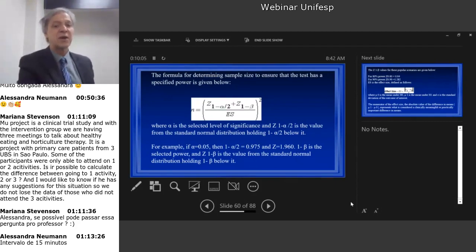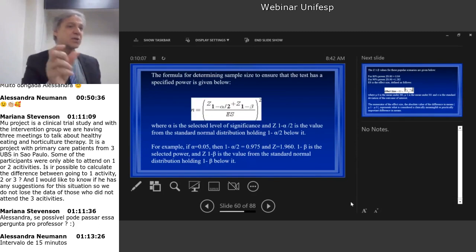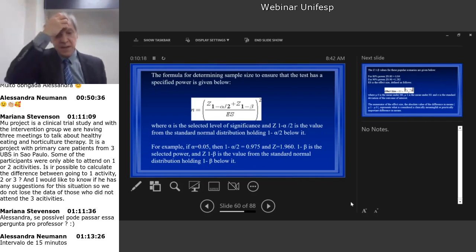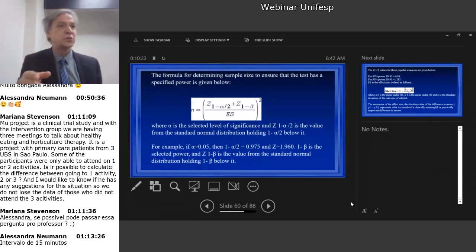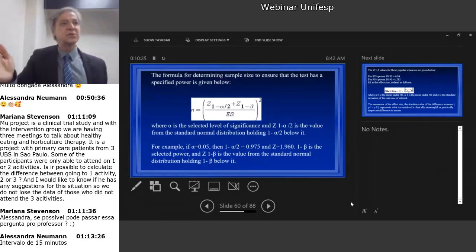You have the effect size in the denominator. That's your estimated effect of impact. Okay. So alpha is selected as Z of 1 minus alpha over 2, which is based on 95%. And that's the value of the standard normal distribution at 1 minus alpha over 2. That's the cumulative distribution on the Z that gets to that point.